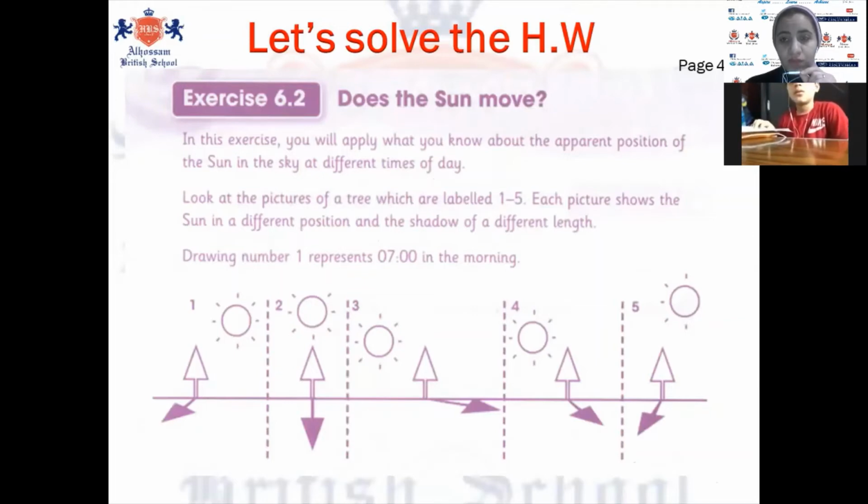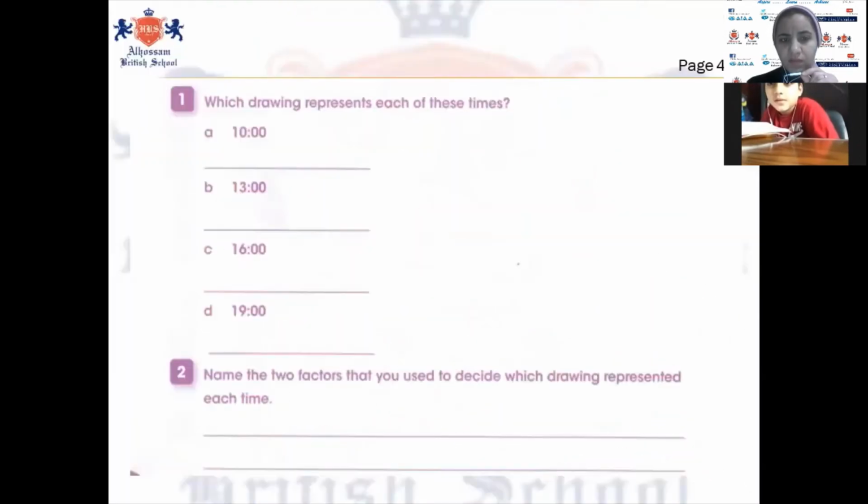Sure? Yes. Look, we have 1. Number 3. Number 3, excellent. Which one for number 10? For 16, I mean.